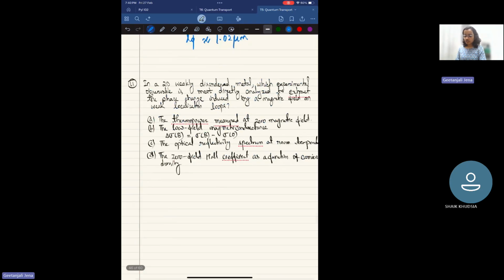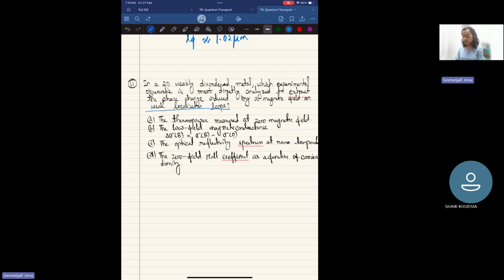Question number 11, it's a conceptual one. It is given that in a 2D weakly disordered metal, which experimental observable is most directly analyzed to extract the phase induced by a magnetic field on weak localization loops? Option A, the thermopower measured at zero magnetic field.